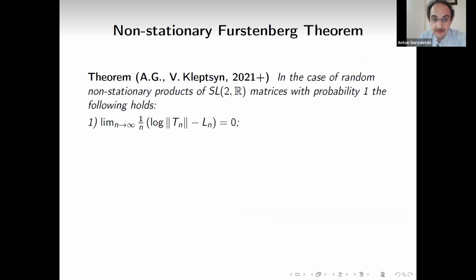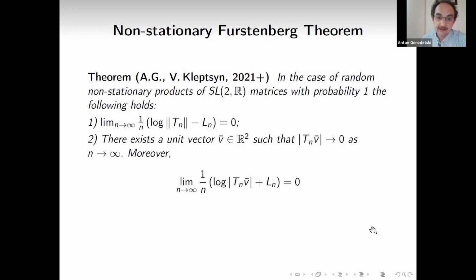You can consider the log of the norm of the random product of matrices, and you can see how far it is from the average, which now plays the role of the Lyapunov exponent. So the Lyapunov exponent is not just an exponential rate. The Lyapunov exponent in this case is an infinite non-random sequence of numbers, and the claim is that we're not going to deviate from that sequence too much. So that's exactly the statement.